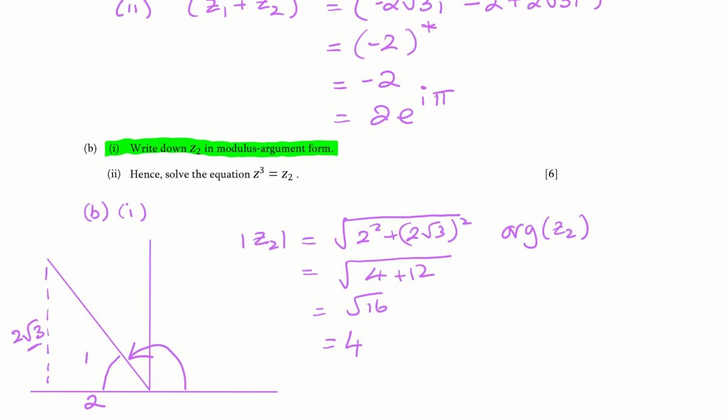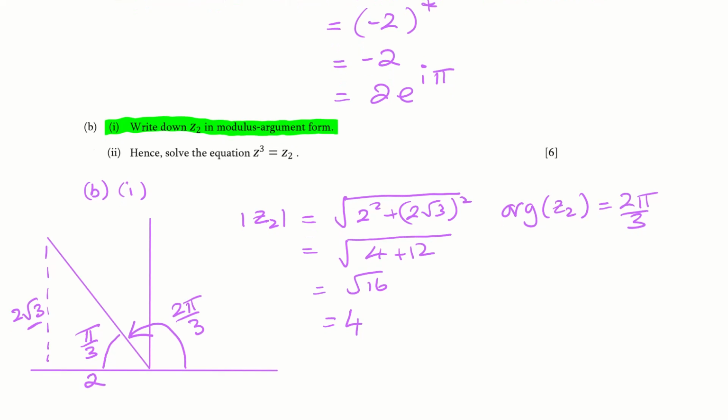So the inverse tan of that tells us that this is pi by 3, and therefore the argument here is 2 pi by 3. And so Z2 is 4 cis 2 pi by 3.